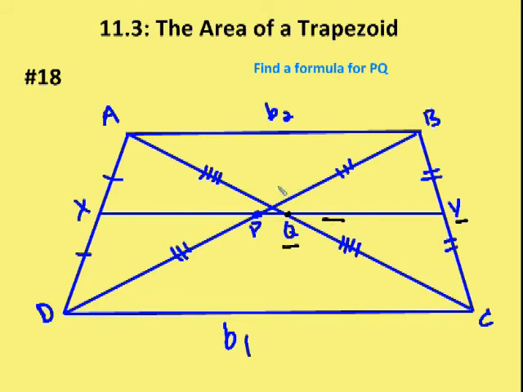The midline theorem says that if you have a segment joining the midpoints of two sides of a triangle, then that segment is going to be half of the length of the third side, which in this case is going to be AB. So let me write that in here. I've got XP is half of B2, and QY is half of B2.